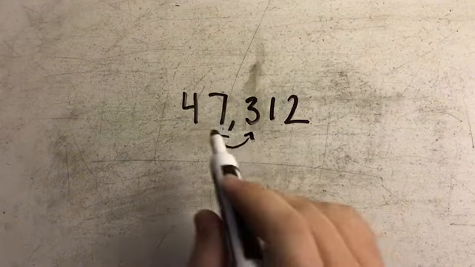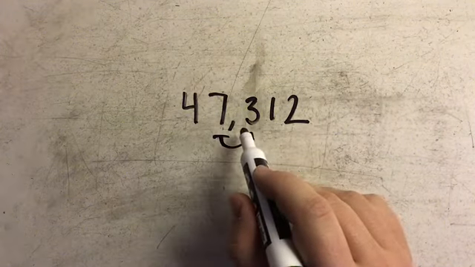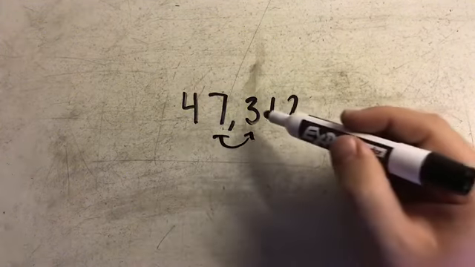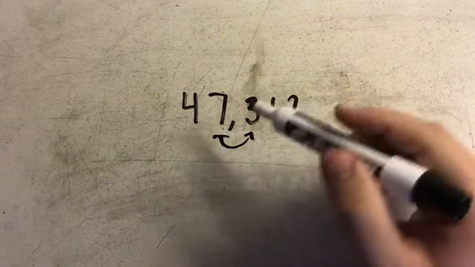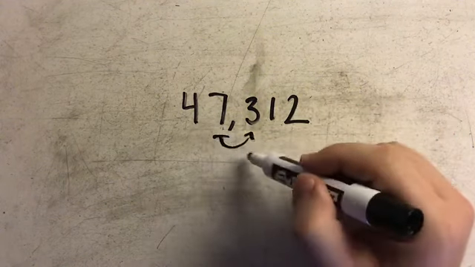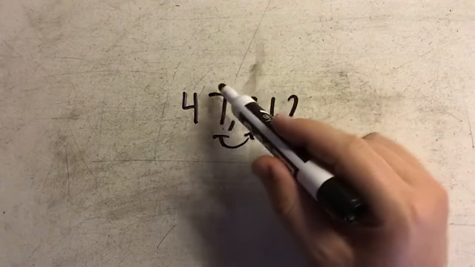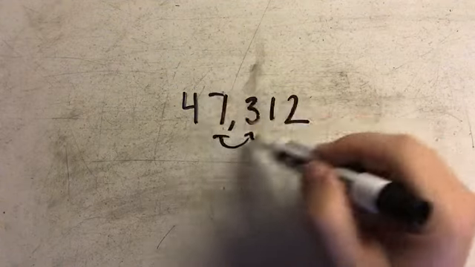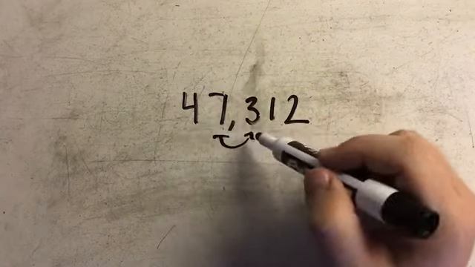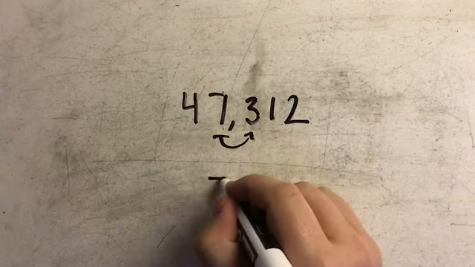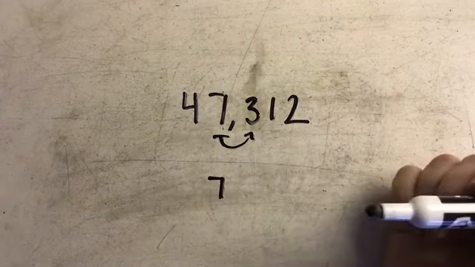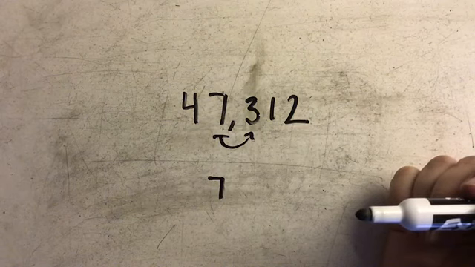In this case, 3 is 4 or less. So the rhyme goes, find your place, look next door, 5 or greater, add one more. Since I do not have a 5 or greater, I'm not going to add one more. That digit is going to stay the same. So I'm not going to do anything to that digit.